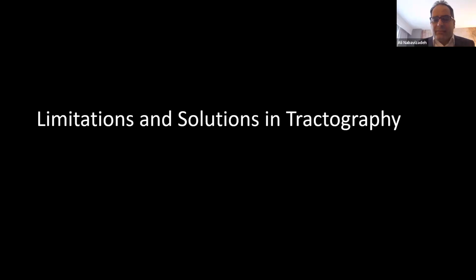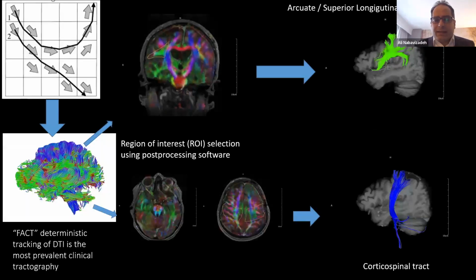So finally, in the last few slides, I'm going to talk about tractography. As you might know, there are a couple of ways of doing tractography. The most common way in the clinic is deterministic tractography, where we have the region of interest selection and use post-processing software, and then we can connect these regions of interest by looking at the fractional anisotropy of each voxel, connecting them by following the highest FAs between two ROIs.